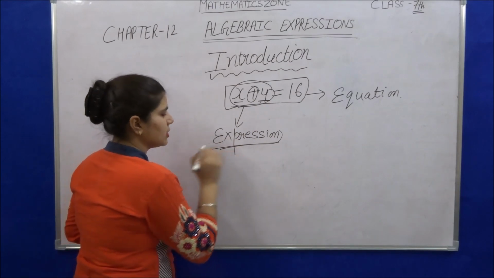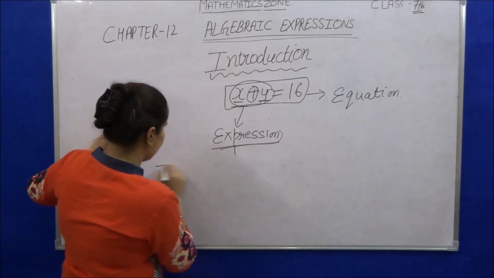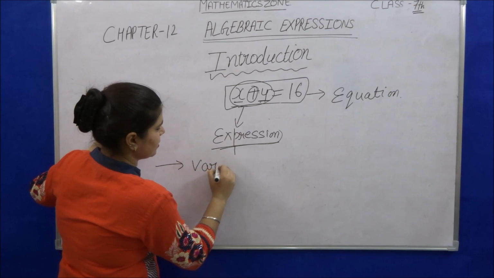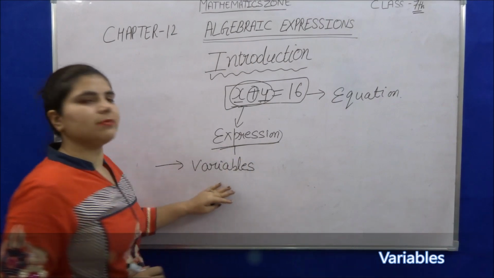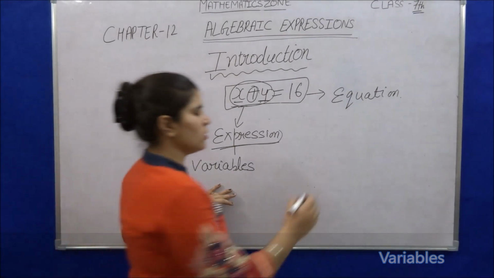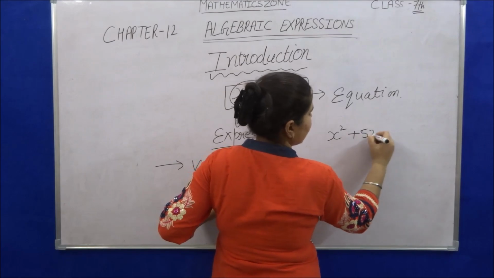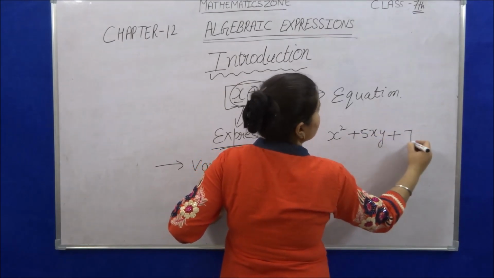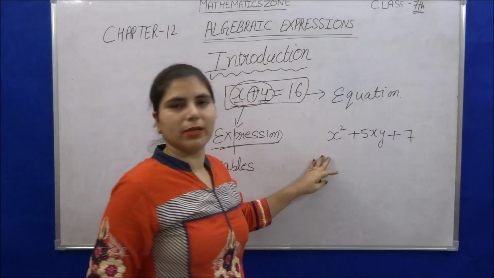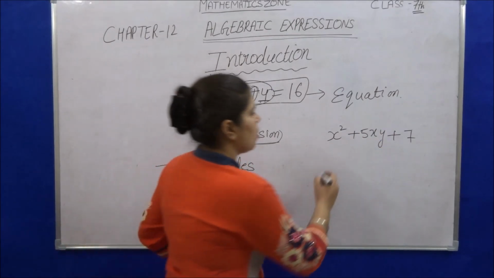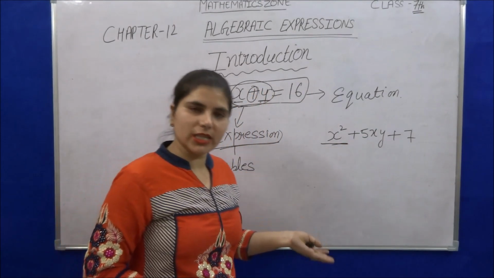Now expressions are further categorized under 5 things. The first one is variables. What is the meaning of variables? If we consider an expression like x square plus 5xy plus 7, here x and y are the variables, because variables are those which can be changed.